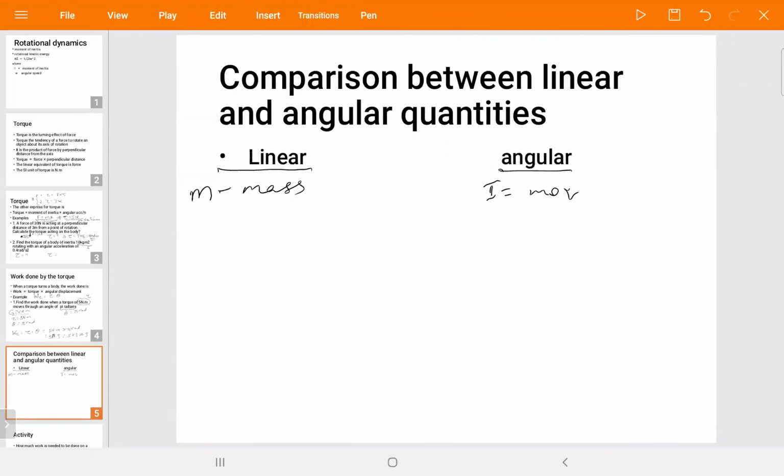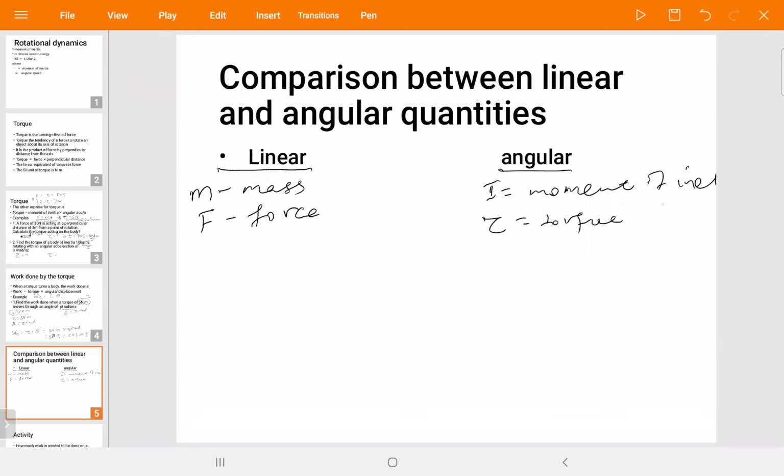Another quantity is force for linear motion, and the unit for force is Newton, as you know. The equivalent for angular quantity is torque.